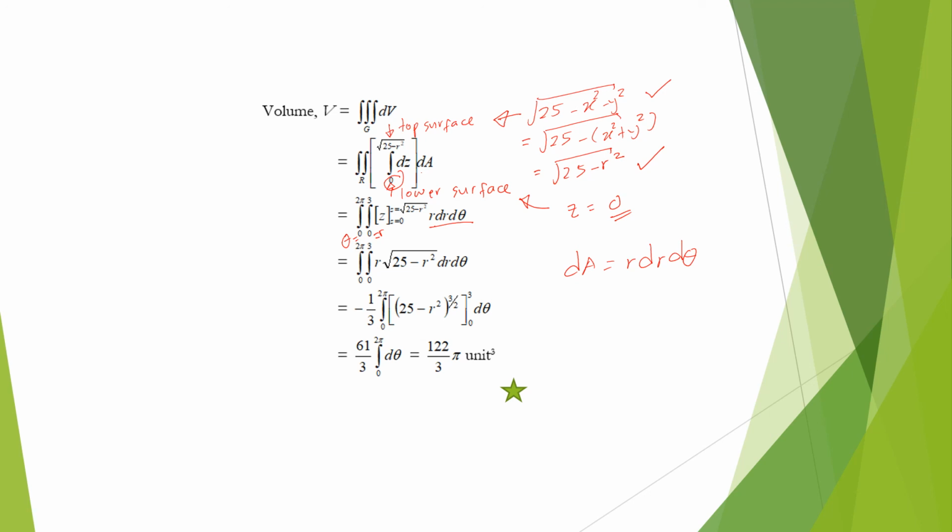For this one we have to use substitution. Just let u equal 25 minus r squared, so du over dr equals negative 2r. Just proceed as usual until you get your final answer, which is this. Finish.